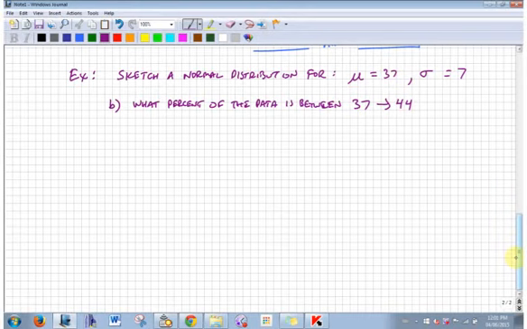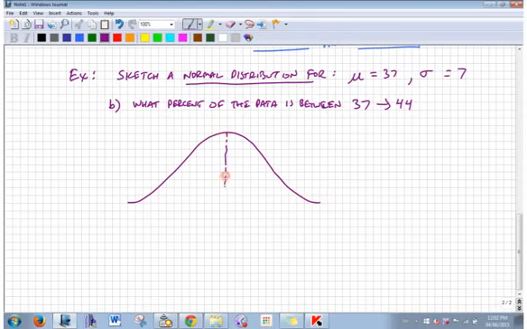Because before we get our answer, I will show you what she did in her head. So when it says sketch a normal distribution, here's how easy it is. You're going to draw one of those. What goes in the center? Mu. What's mu? 37.